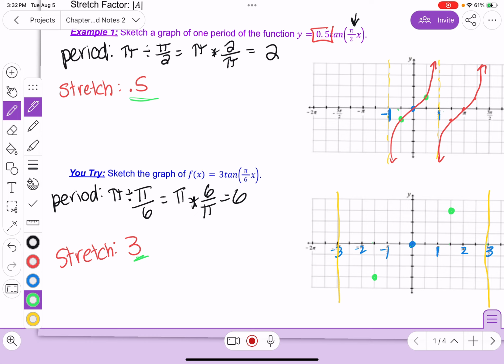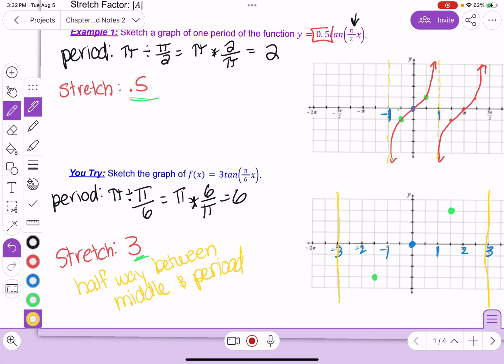So it's halfway between the middle and the period, which would be the asymptotes.